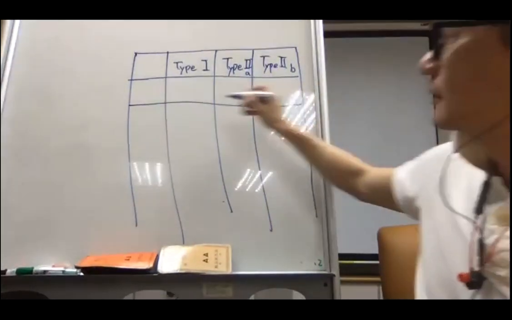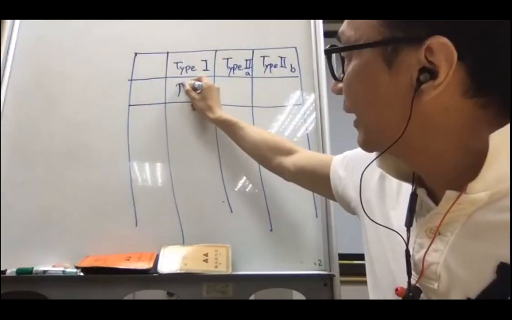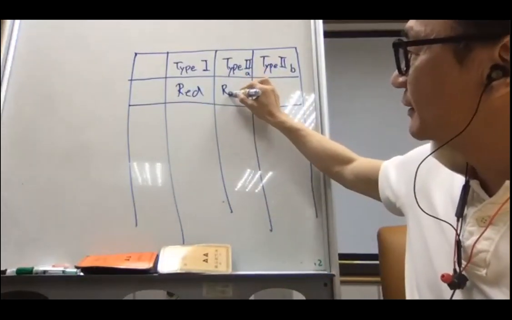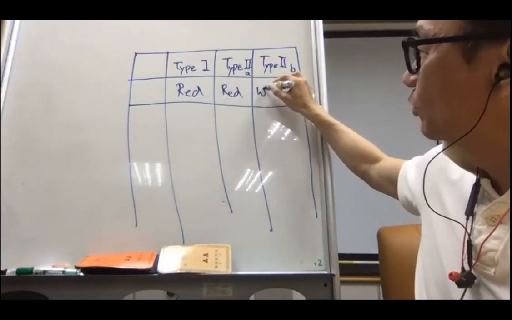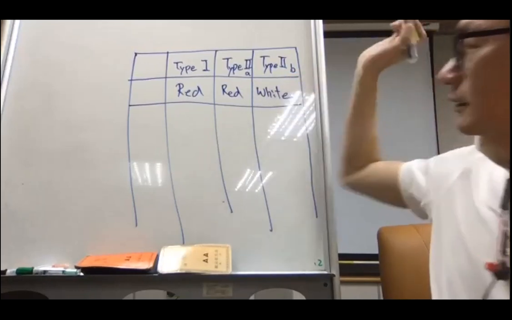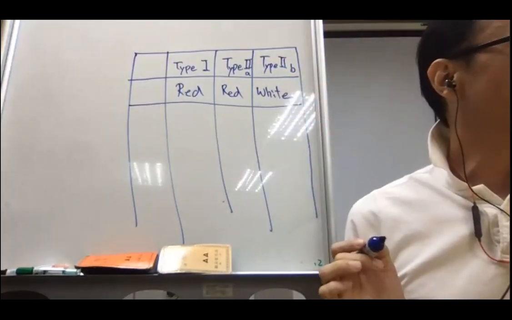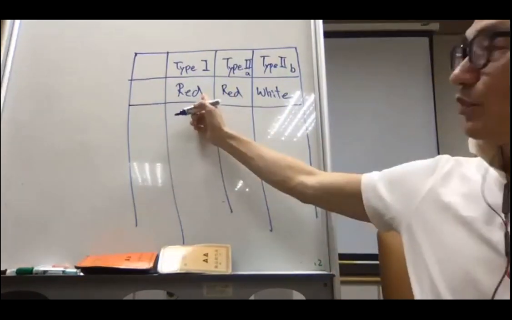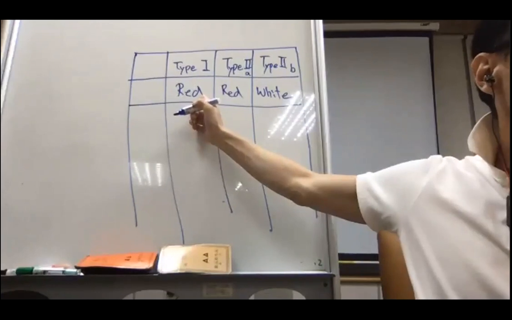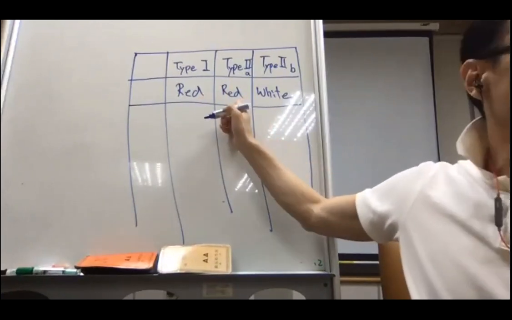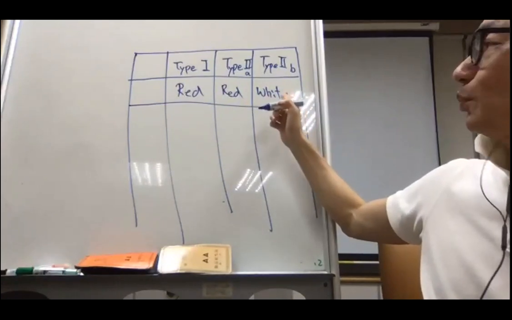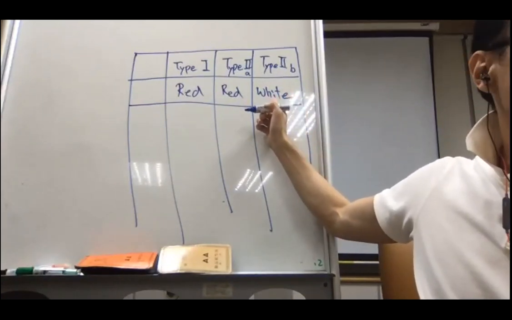And the color is red, and this is also red, and this is white. If you look at the muscle fiber, type 1 is red, type 2A is also red, and type 2B is white.